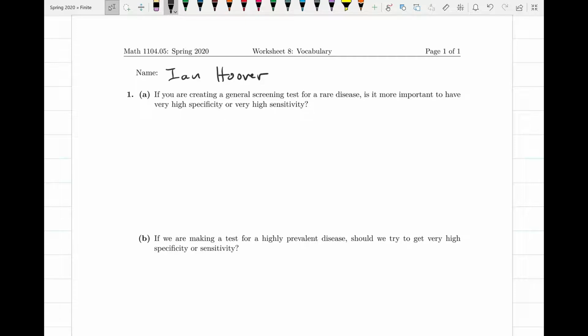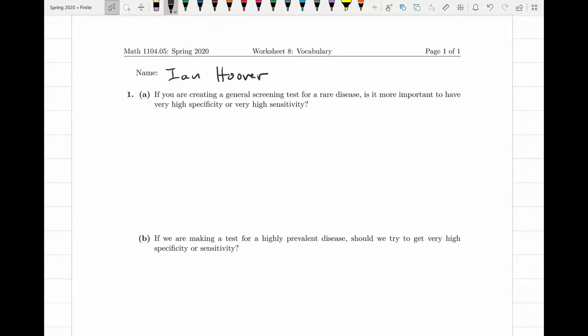Alright, so let's look at the first question. If you're creating a general screening test for a rare disease, is it more important to have high specificity or high sensitivity? Well, when you're asking about what's important, it's what are we trying to achieve, in this case, minimize.